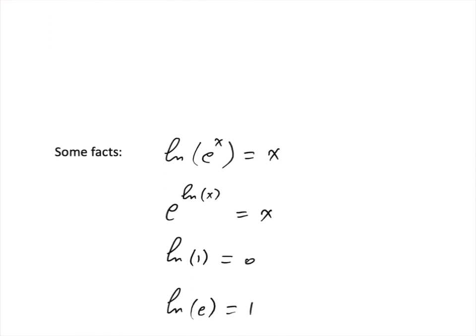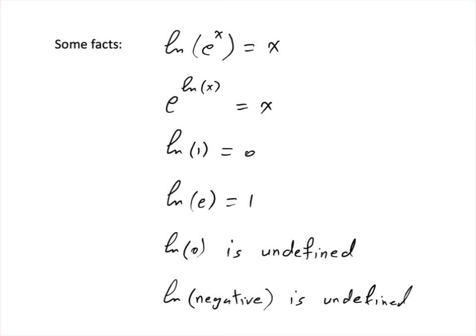Here are some facts about the exponential and logarithmic functions. So for example, if you have ln of e to the x, because e to the x and ln of x are inverses of one another, here x goes into the exponential function and the output goes into the ln function.